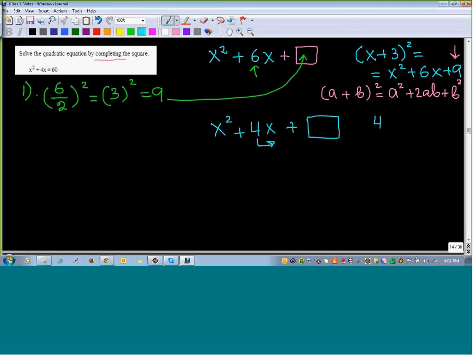This was squared, that was divided by 2 before it was squared. This is the number that comes here to put it back. See, now the square is completed. And now we can square it properly.